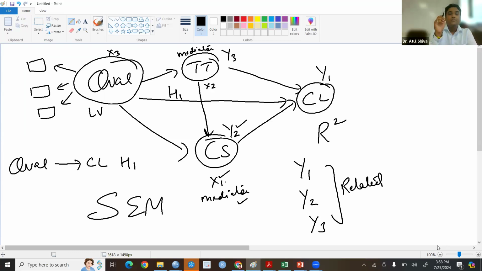तो ये जब ऐसा सिनेरियो आता है तो आपका लगता है सेम, but if y1 y2 y3 are not related to each other, then you apply MANOVA.